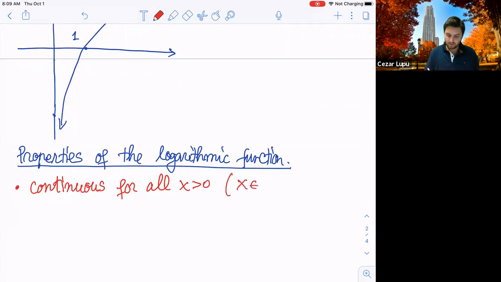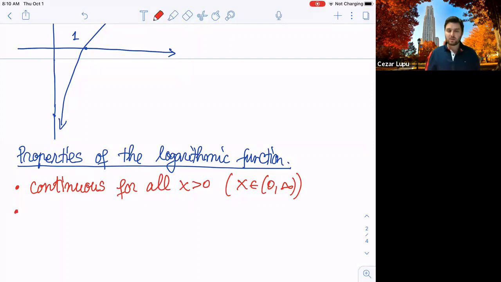So here x belongs to this interval. You will see that since my exponential function is defined for all real values, and they will be mapped into all positive real values, the situation for the logarithm is the other way around: all values of x will be in 0 to infinity, so all values will be positive, and they will be mapped into all reals. And you will see some of these properties.